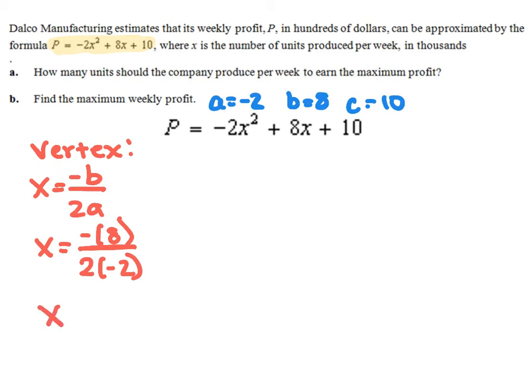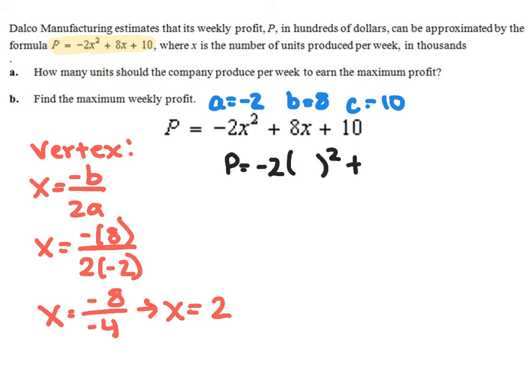Now if we multiply, x equals negative 8 over negative 4, so that gives us x equals 2. Now we want to plug into the original equation. So it's p equals negative 2 times x squared plus 8 times x plus 10.